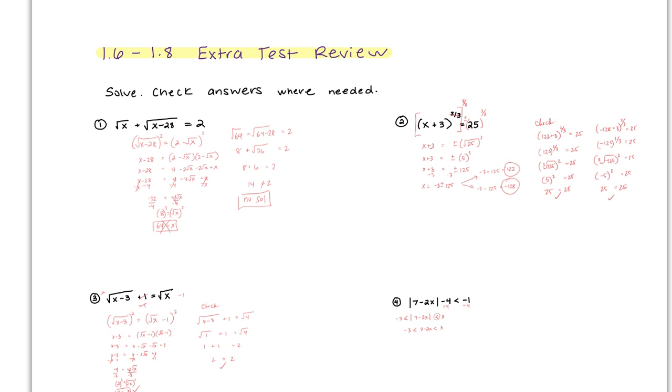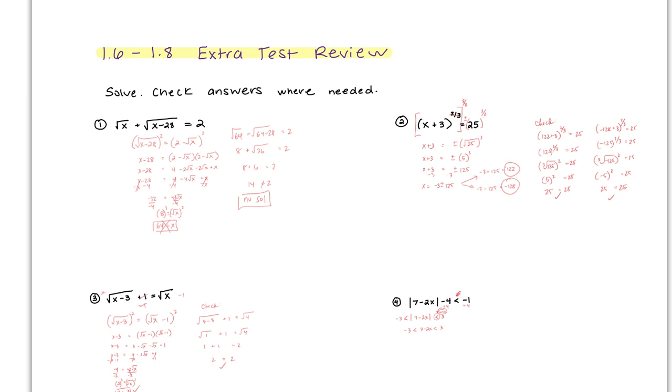Because this is a less than, and more so at this phase, when everything is done and the absolute value is isolated, I know that this is an "and" scenario. So I know my solutions are going to be in between my 2 points, and I'll show you what I mean.